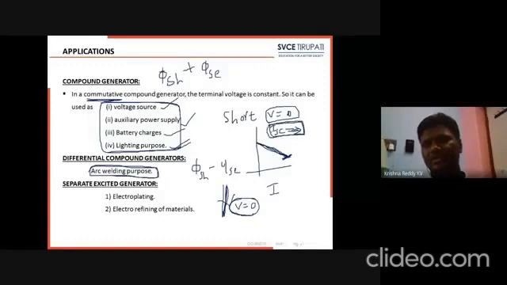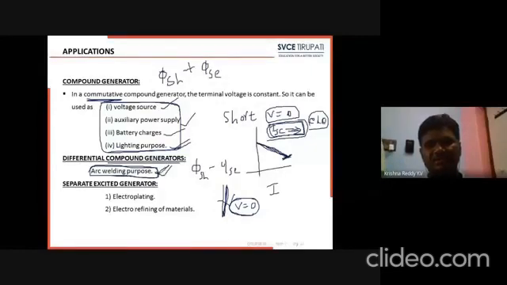Due to this high short circuit current, we get heating of the electrodes. Because the electrodes heat up, we can join metal items or iron items. For that purpose, we use differential compound generators for arc welding.